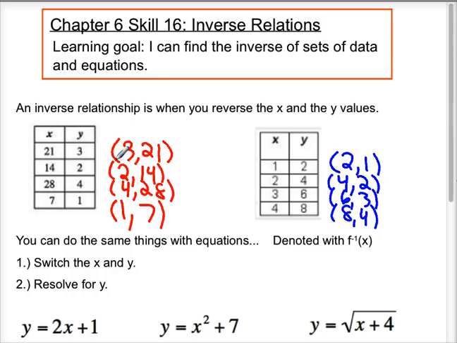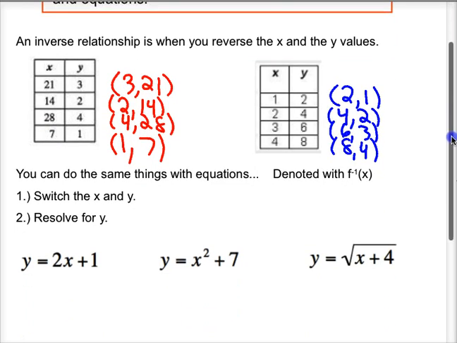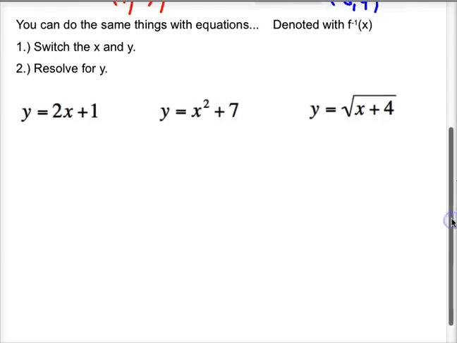Well, you can actually take that same concept and the same thing works in equations. So I want you to think, in an equation, you can flip x and y, just like we were doing in those data tables. You can flip x and y.